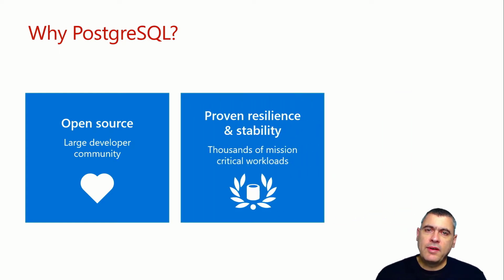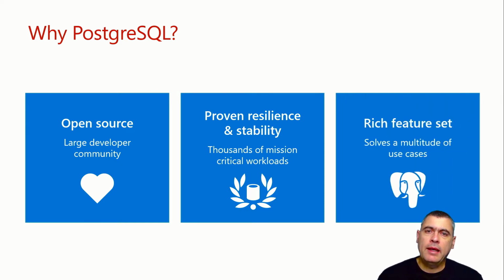Second, Postgres has been on the market for decades. It means that it is proven to be reliable and proven to really be a good database engine to take care of your data. And it has a very rich feature set that is extensible, meaning that no matter what business you're in, it is likely that the Postgres database engine is a good fit for you.